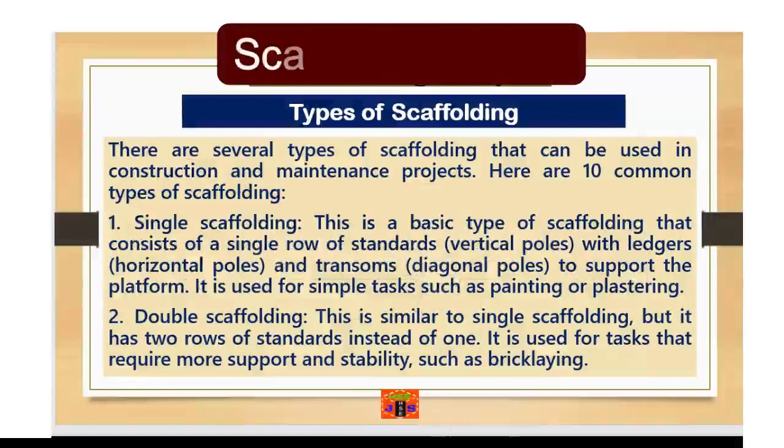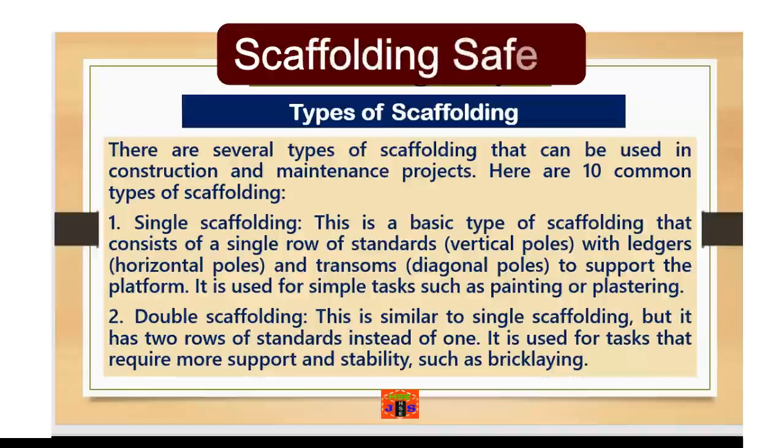Let's dive in. Dear friends and fellows, there are several types of scaffolding that can be used in construction and maintenance projects. I'll highlight in this training session the 10 most common types of scaffolding used in different industries. Number one, single scaffolding.